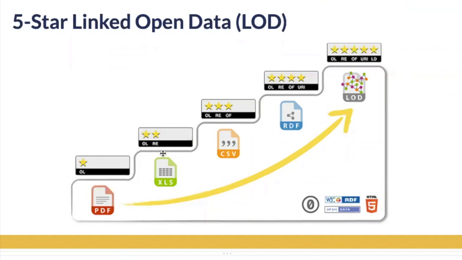If your data is in a proprietary format, but at least in a format that computers can easily read, you can say you have 2-star linked open data. As you move towards the open part of open linked data, it's certainly preferential to then have something in a non-proprietary format where no one has to rely on a third party to continue to support or update or accept fees from us in order to use their software.